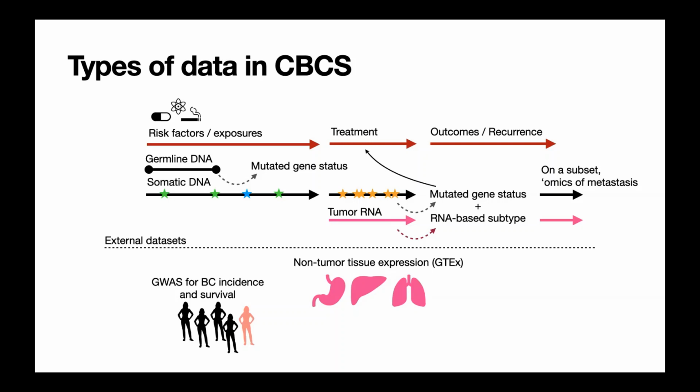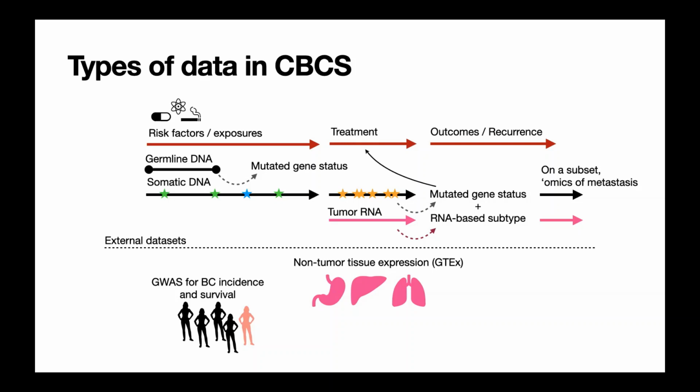So for example, UV radiation or smoking induce certain patterns of mutations, and I'll show what that looks like in the second part. And then once at the incidence of cancer, additional mutations occur, and I've drawn these orange stars. So these are additional mutations that are specific to a cell having gone down the path towards a tumor.